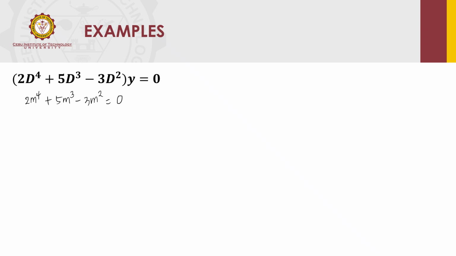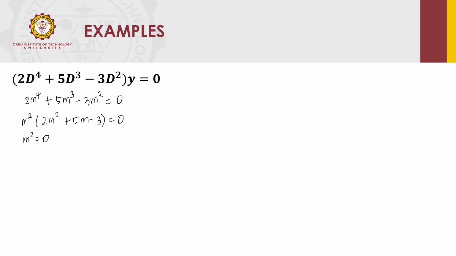So it's already a quartic equation, but as you can see, there's a common factor, which is m squared. So just factor it out. So we have 2m squared plus 5m minus 3 left. So we have m squared equals 0 for the first factor, equated to 0.